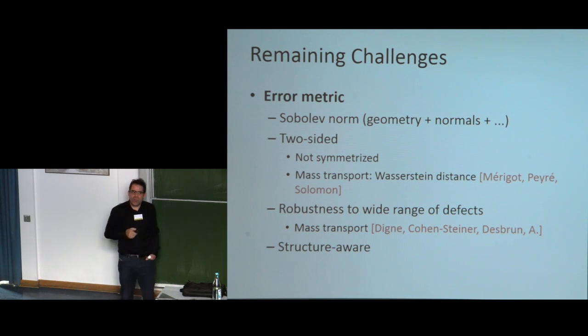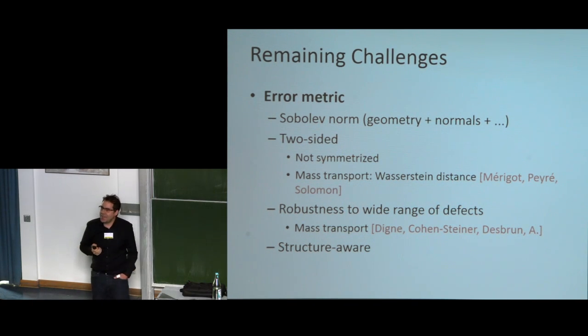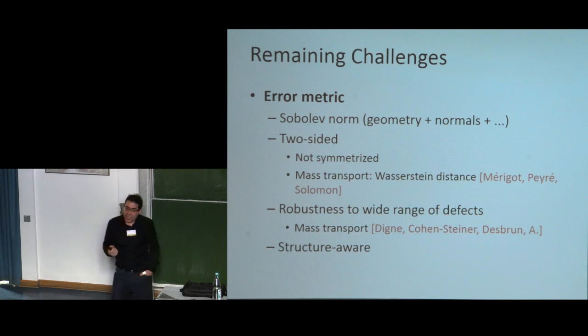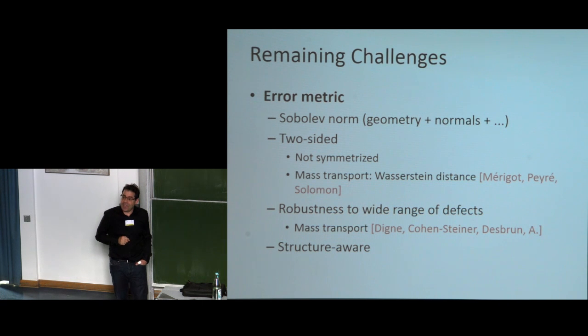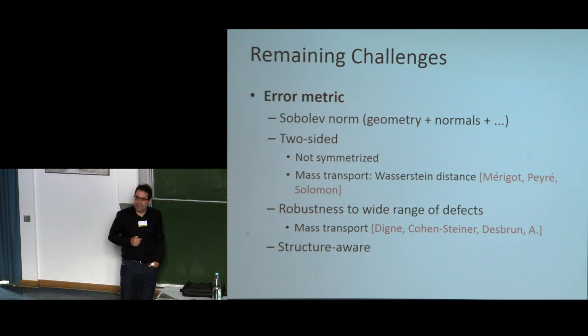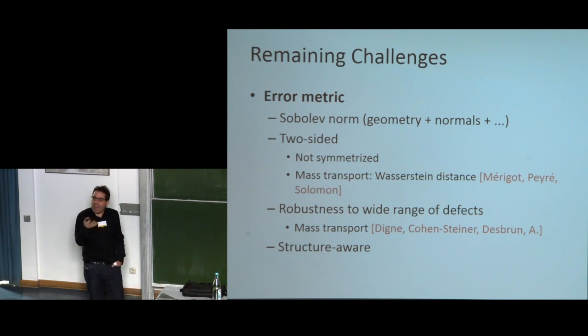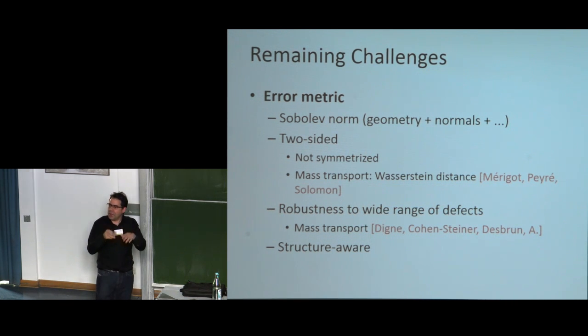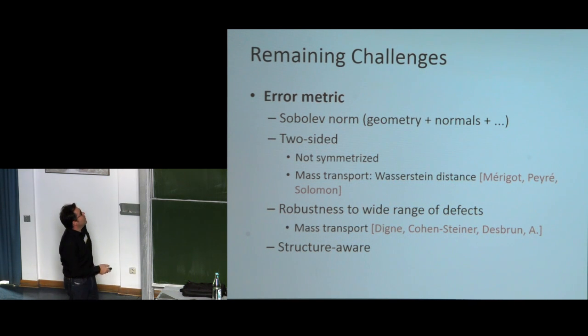I think for those who saw the talk this morning, I hope you thought about this curvature estimate or something like that. Suppose I want to have a mesh that is simplified, but on which the curvature estimate is faithful. I would like to have a generic approach in which I could plug in a generic norm. This is a hard problem.